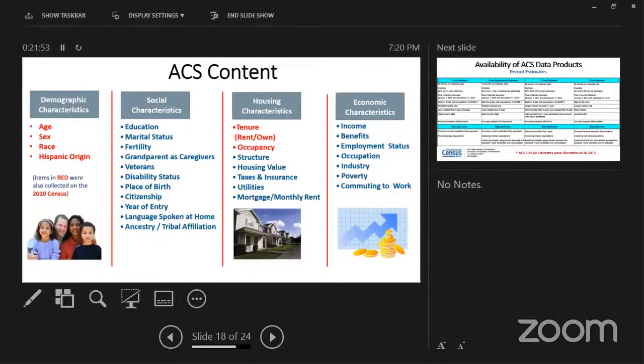What jobs do people work? What industries do they work in? What's poverty like? How long does it take people to get to work, and how do they get to work? So there's any number of data items that are available from the ACS.